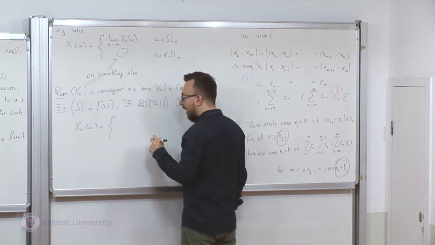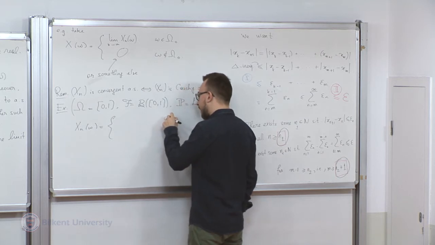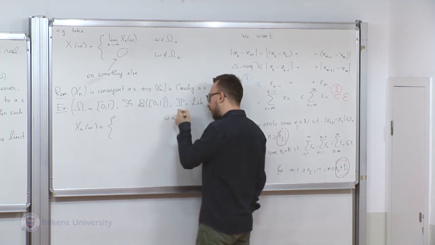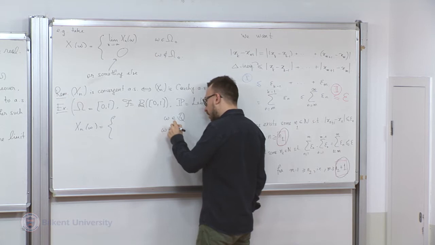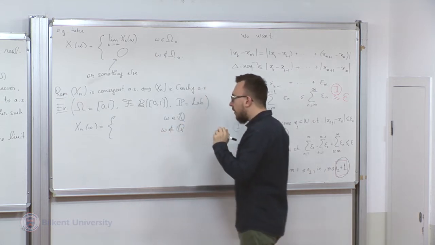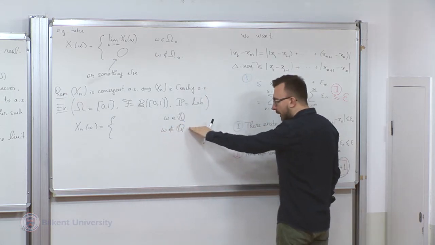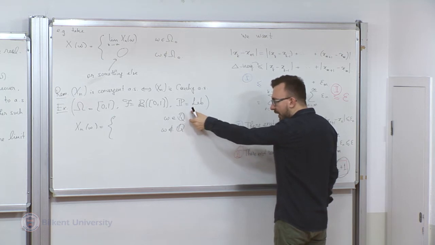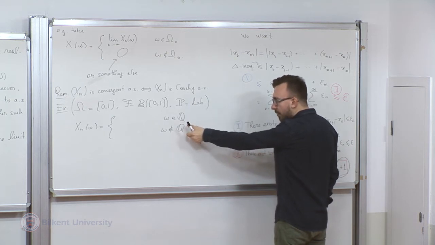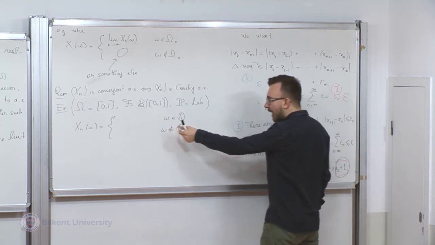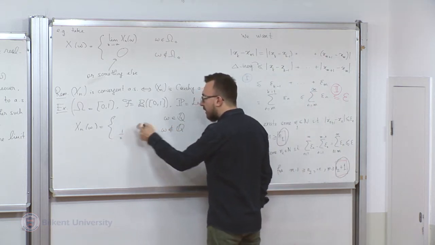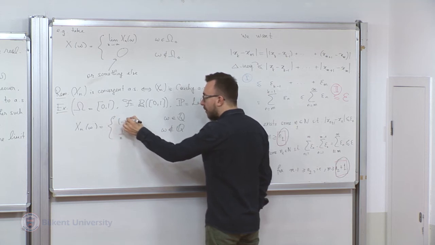So I'd like to have something that is convergent with probability 1. So rationals have probability 0, therefore irrationals have probability 1, right? So this is the part where I'd like to have convergence. And this is the part where I don't want the convergence.